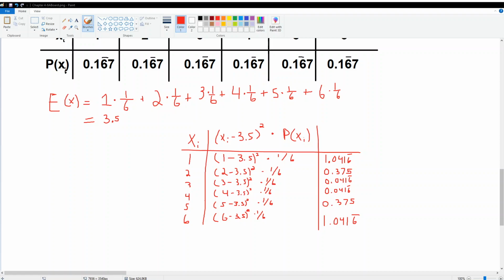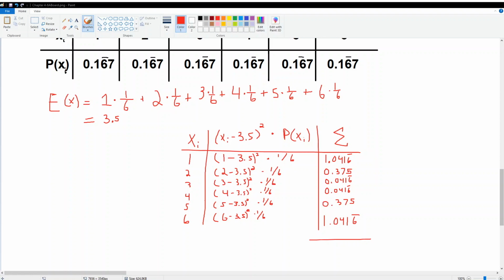So now we add these all up. The very last step, we add them all up. So let's do that. 1.0416666, we have another one of those. Now we're at 2.08333333. We have two 0.375s.